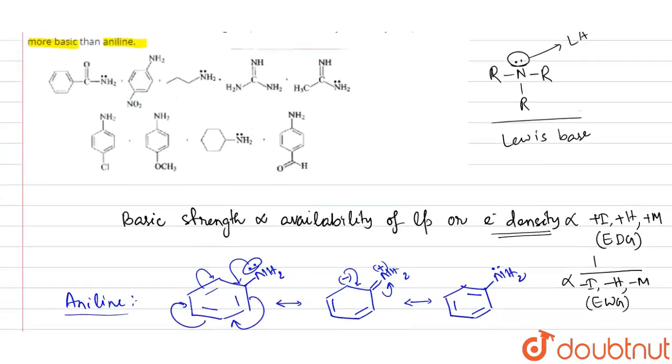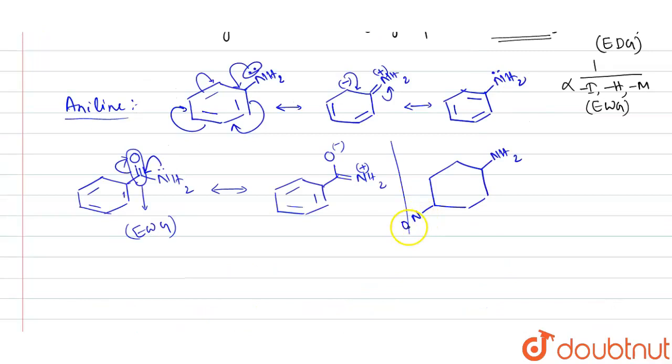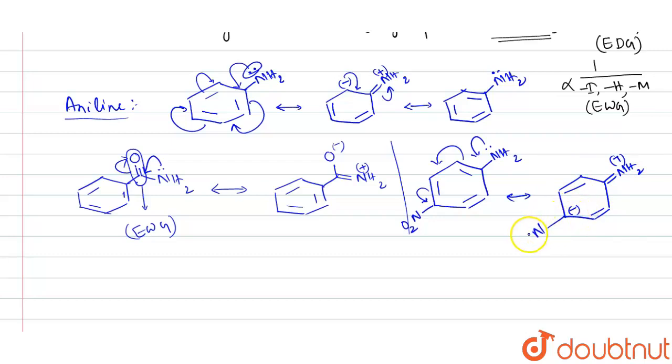Now let us look at the next compound. Again, this NO2 is also a very strong electron withdrawing group, and after some resonating structures we will arrive at this resonating structure where we have a negative charge over here. Here we have this negative charge, it is double bond NH2 plus. Here we have the pi bonds like this, and here we have this negative charge, and here we have N. This is the structure of the NO2 group.